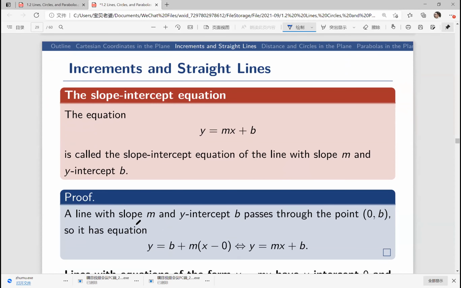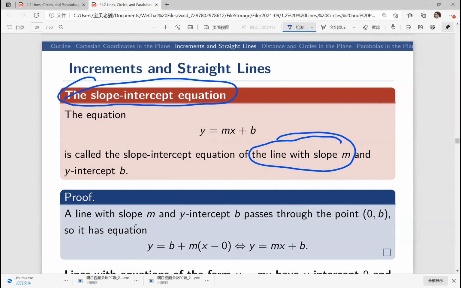another equation of the line, the slope-intercept equation. The slope-intercept equation means y is equal to mx plus b, where m is the slope of the line, and b is the y-intercept of this line.